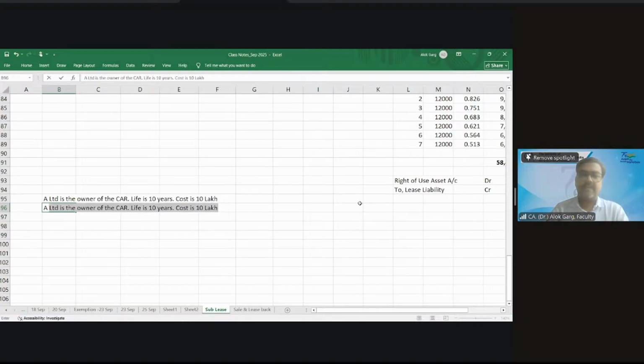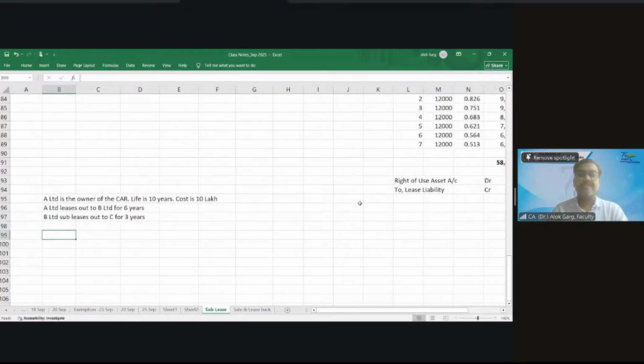A Limited leases out to B Limited for, let's say, 6 years, and B Limited leases out to C for, let's say, 3 years. Subleases.